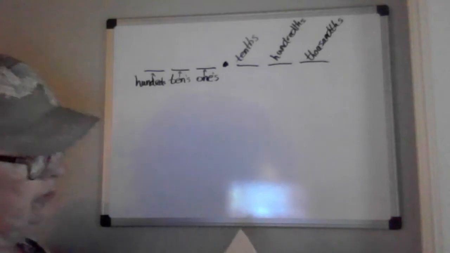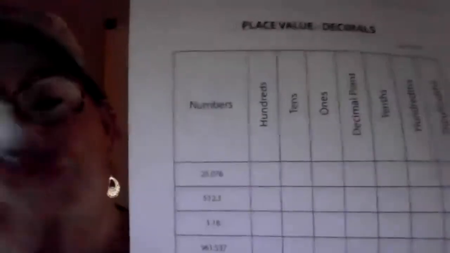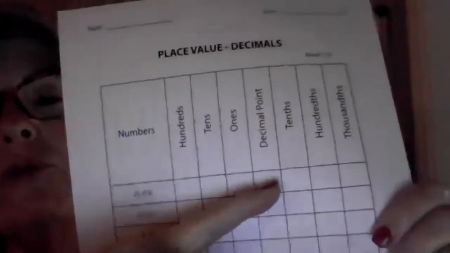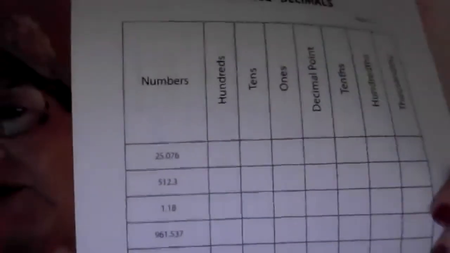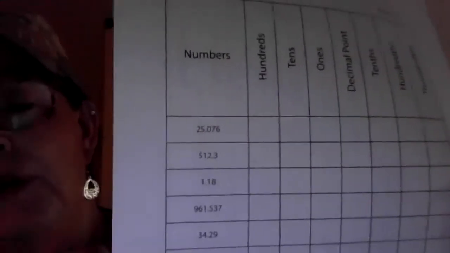So you're going to have two worksheets like this, and it's going to ask you to take 25.076 and put the digits in the correct place. Now, again, most of these worksheets are going to be relatively easy, but by working them and filling them out, you're going to make yourself familiar with these places, and it will start to connect things in your brain.